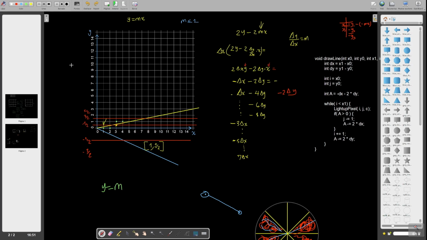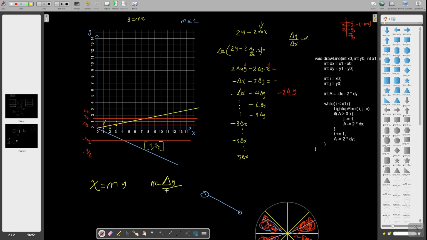It is going to be something like this: x equals my, but as now we are advancing vertically, my definition of slope will be the inverse.